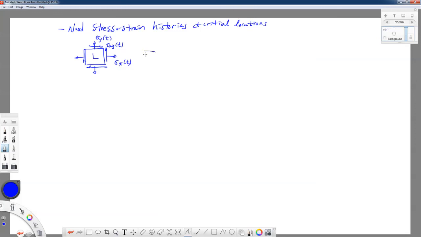But eventually we would want to find both the stress history and either calculate or somehow obtain the strain history as well. So we have epsilon x, epsilon y, and gamma xy as a function of time.